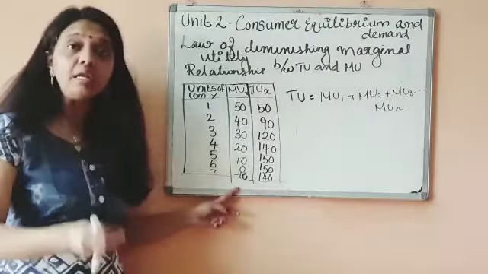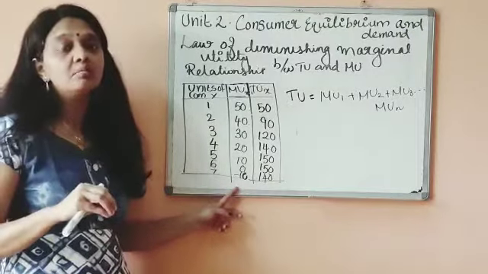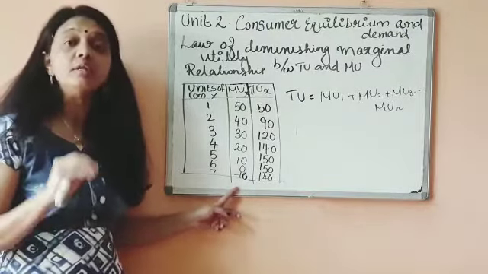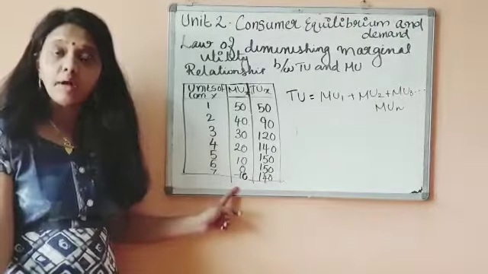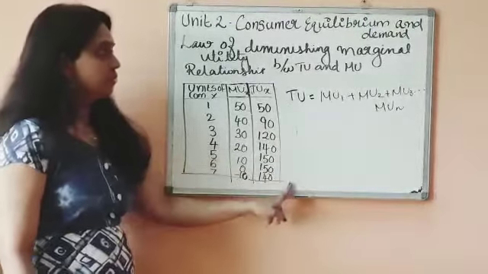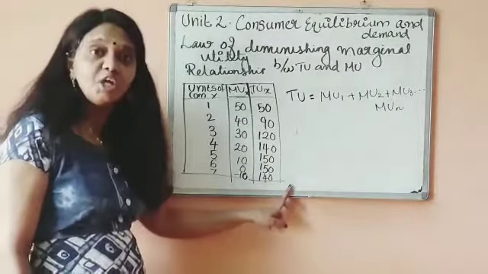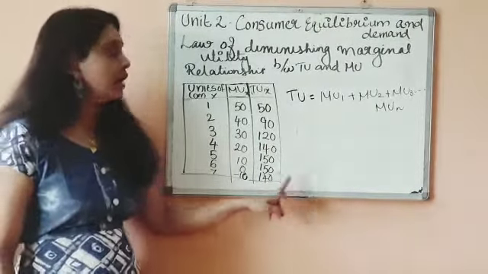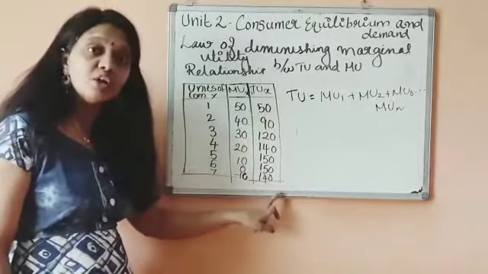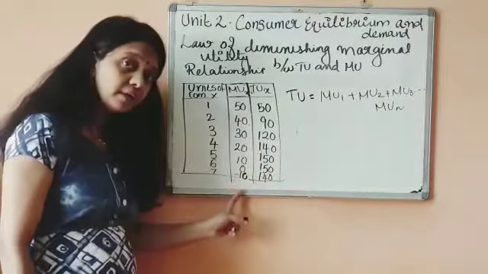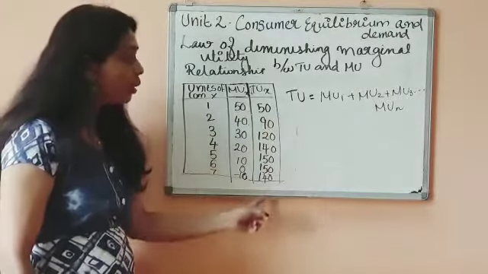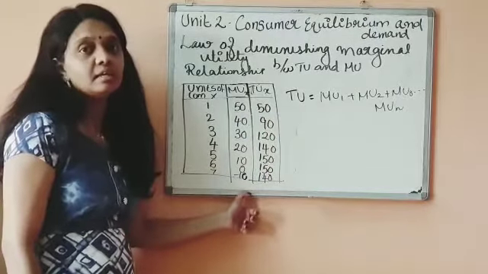That is what I am telling. Like again and again you are taking something, the satisfaction can become zero, then it will become negative. But in the next column, TU, you will see it is increasing only. It is not diminishing. Marginal utility is diminishing, but total utility is increasing.